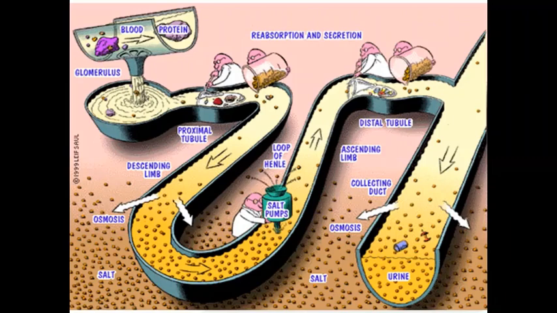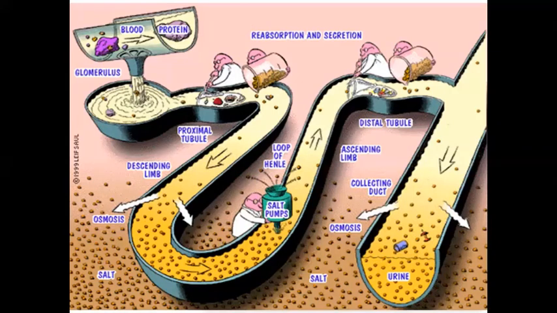In the loop of Henle, this is where the countercurrent mechanism comes in. The countercurrent mechanism comes in because you have salt pumps or electrolyte pumps. These pumps are involved in active transport.